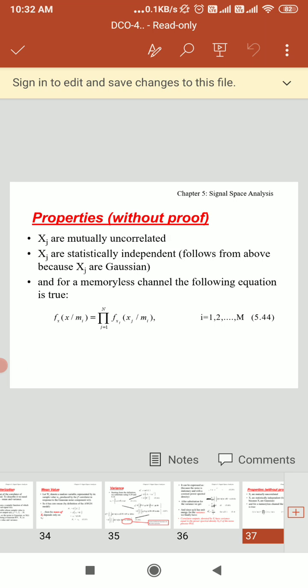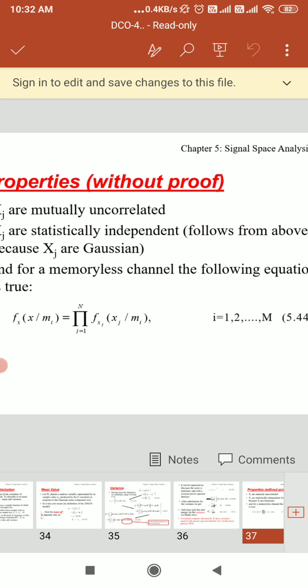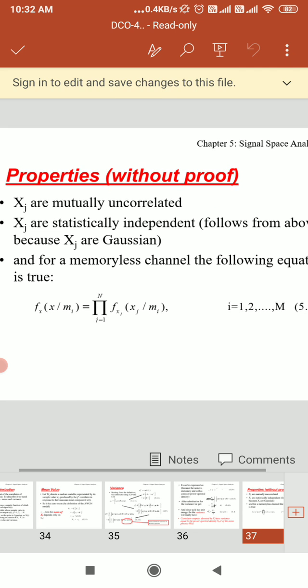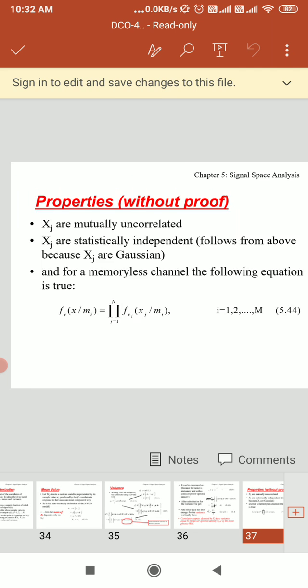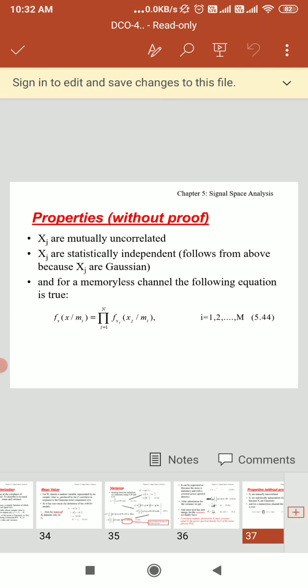These will be true. Here you will get f_X(x|mi) equal to the product over j equal to 1 to n of f_Xj(xj|mi), where i equal to 1 up to m.